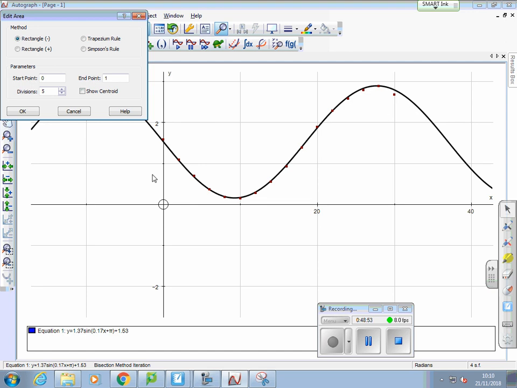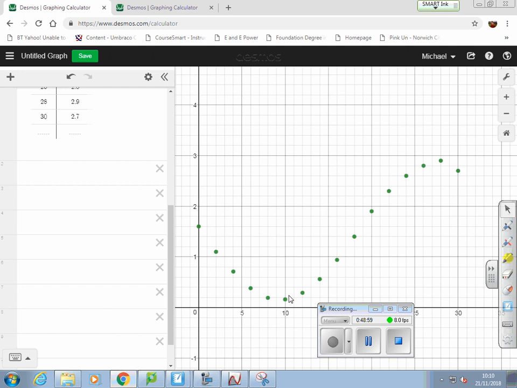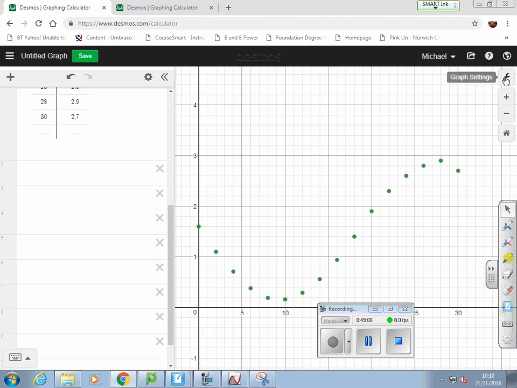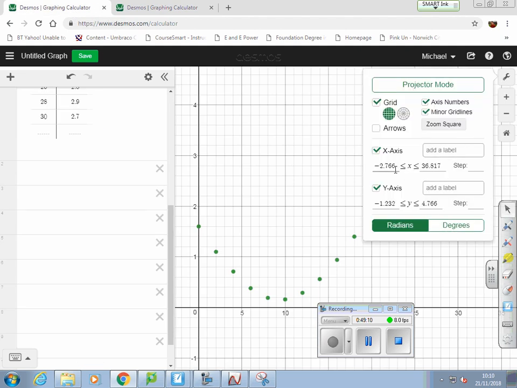it's not more tricky, but it's different to get the axis right so your graph fills the page. On Desmos, I'll just show you. What you have to do is manually go into the tools up here and set your X and Y axis limits so that you fit your graph to your page, instead of just using that box zoom on Autograph, which was a little bit quicker.